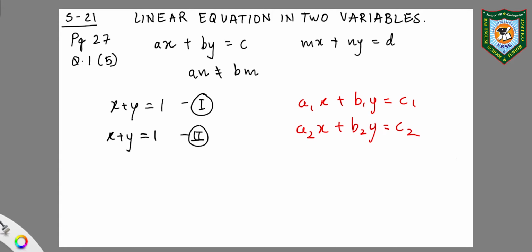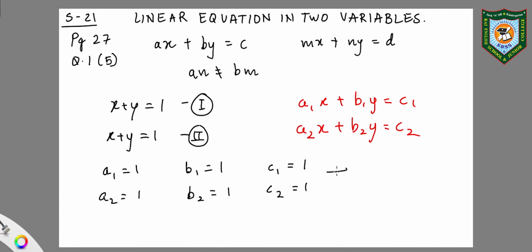So now I have a1 equals 1, b1 equals 1, and c1 equals 1. I have a2 equals 1, b2 equals 1, and also c2 equals 1.